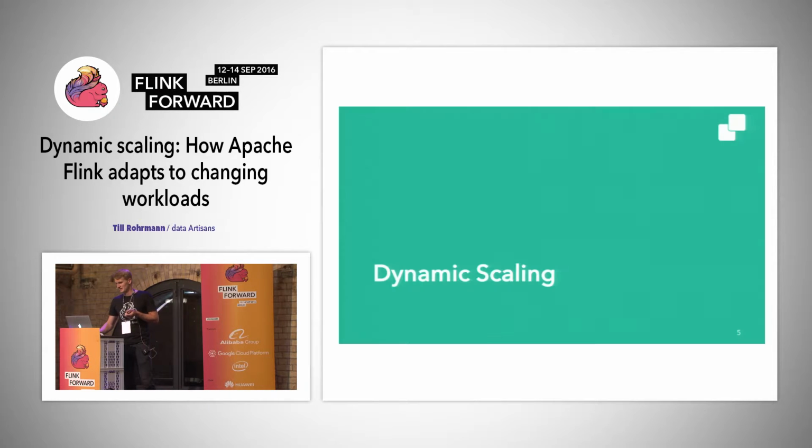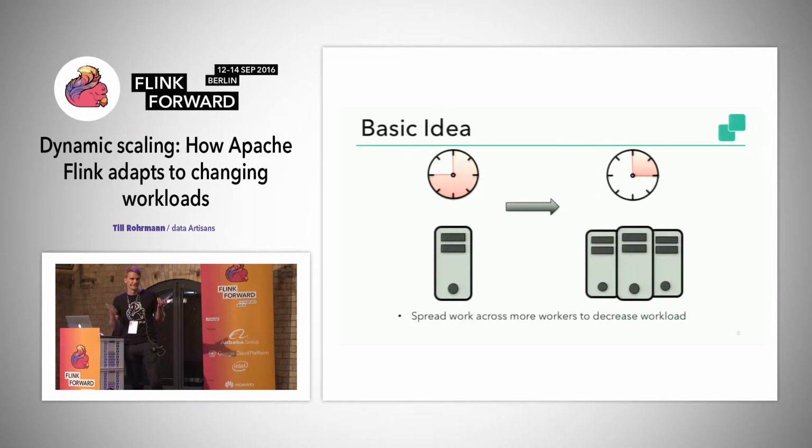So let's talk about dynamic scaling. The really simple and basic underlying idea is that if things take too long, you allocate more resources, spread the workload across these new machines, and make your job finish faster.